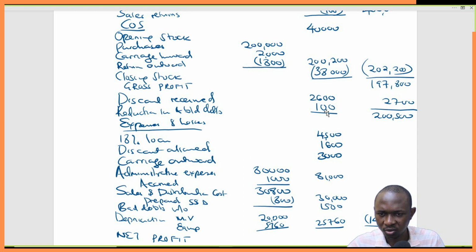Sorry, this is the problem. Discount received is 2,800. So that means this one will be 2,900. Yeah, sorry for that. So it means here we'll have 200,700. If you add those, you'll get 700.